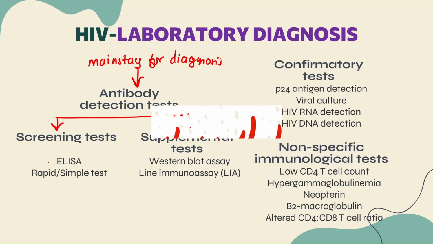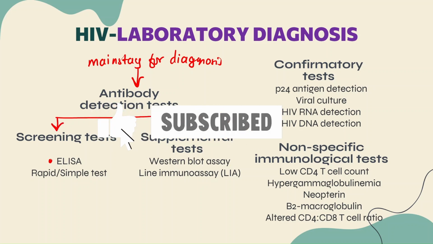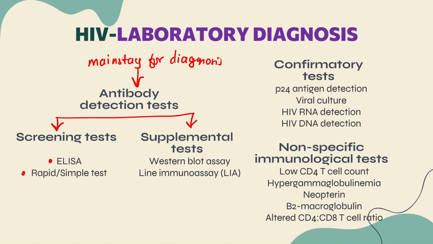Under screening test, we have ELISA, enzyme linked immunosorbent assay, or we can go with the rapid or simple test. Under supplemental test, we have the western blot assay, or we can do a line immunoassay, guys. Then another set of tests are your confirmatory tests, and confirmatory tests include P24 antigen detection. Okay, we can do a viral culture, or simply do viral RNA or viral DNA detection.